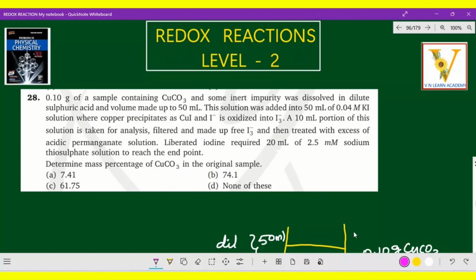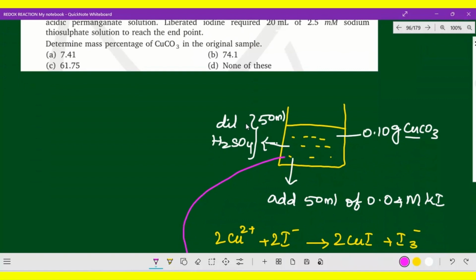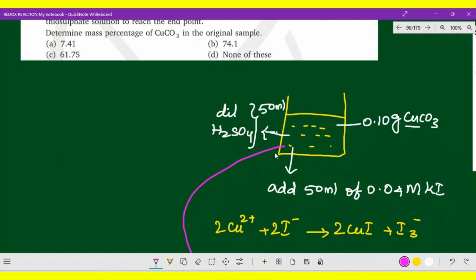So in this question also, finally what we are going to identify is the mass percentage of copper carbonate in the sample, right? But here two reactions are available. I will bring that idea in a picture way for you to understand. In that beaker, 50 ml of dilute sulfuric acid has been taken and 0.10 gram of copper carbonate, which is dissolved, with inert impurity.